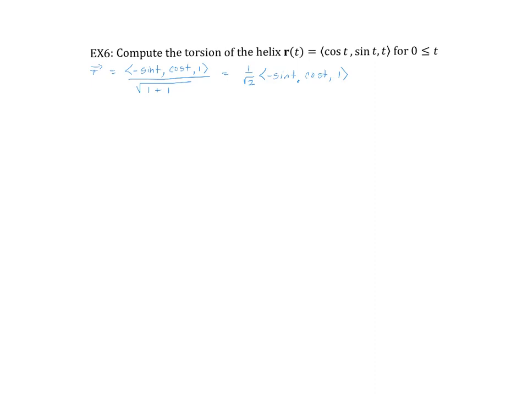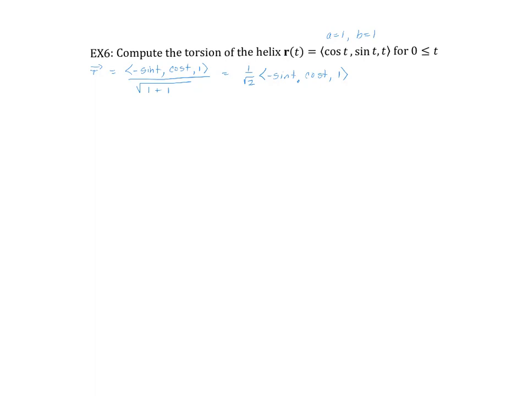Okay. So first note that since this is a helix of that form, a cosine, a sine, bt, we have a equal to 1 and b equal to 1.